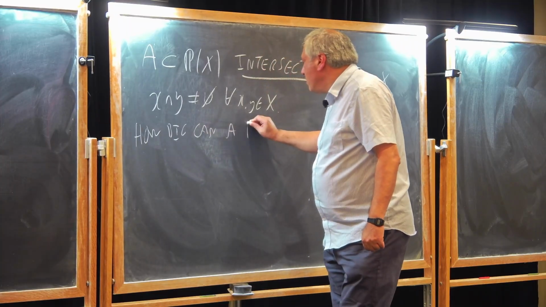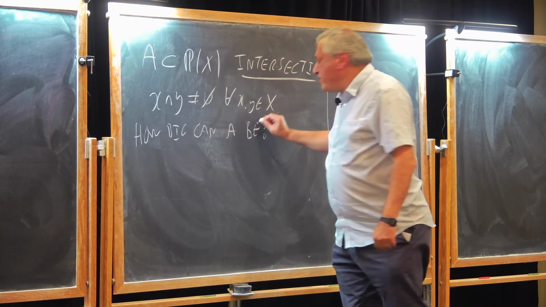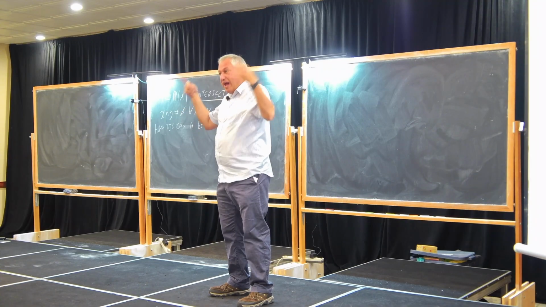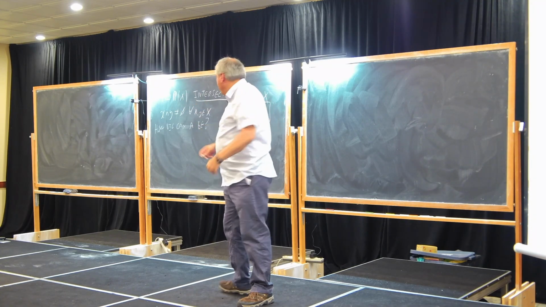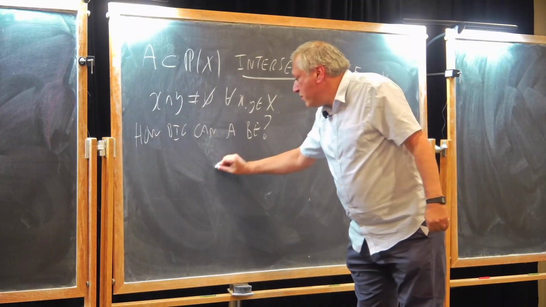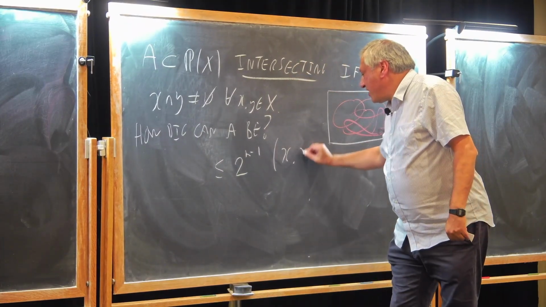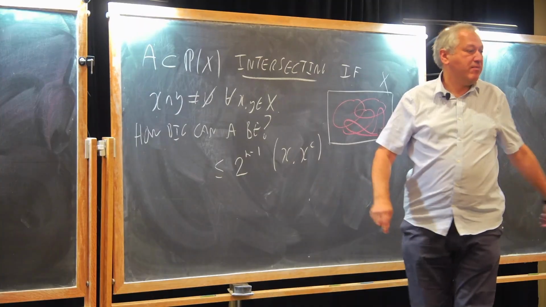Out of all the 2 to the n subsets that you have, obviously you aren't allowed a set and its complement. So there's a trivial upper bound of half: at most 2 to the n minus 1, because of X and X complement. They can't both be in the family.